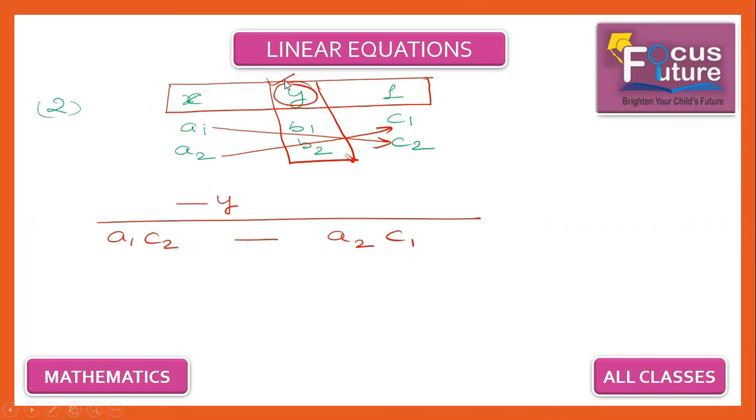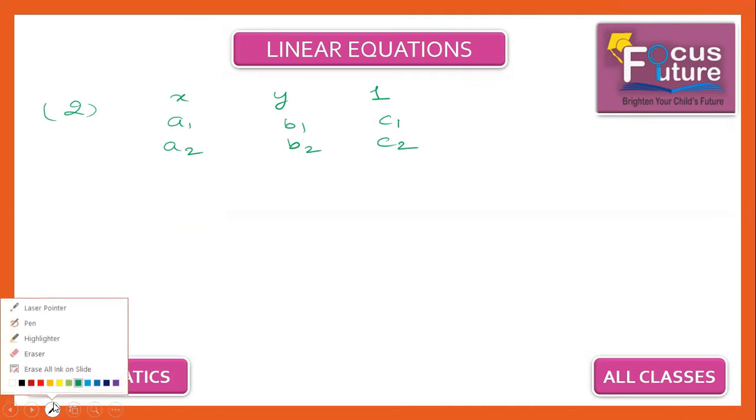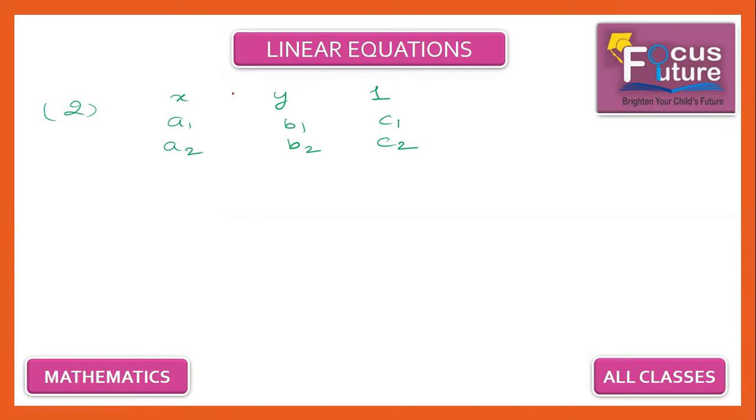Now let us calculate the value of the constant. To calculate the value of the constant, I am writing the rule number 2 again. Rule number 2 was x, y, constant, a1, a2, b1, b2, c1, c2, right? Now I'm changing the marker to let you know properly.